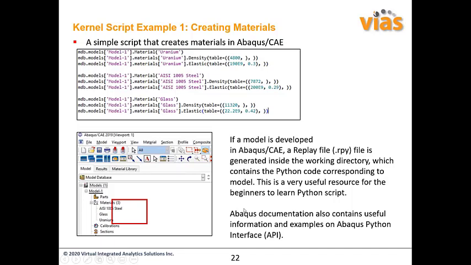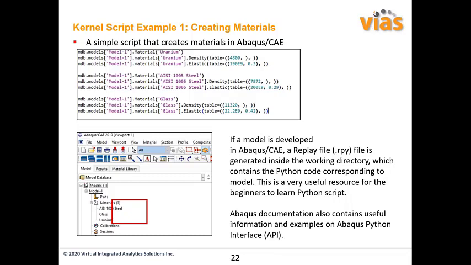Now, for new users, I will also say that there's another very good way to learn Python script besides the Abaqus documentation. You can also use the replay file. Every time you launch a model in Abaqus CAE, a replay file is created. Whatever actions you take within Abaqus CAE are written in the form of Python commands in that RPY file. So you can open up that RPY file, see what code is written, and backtrace what you did.